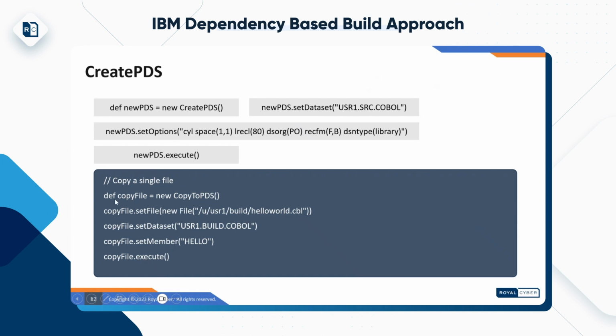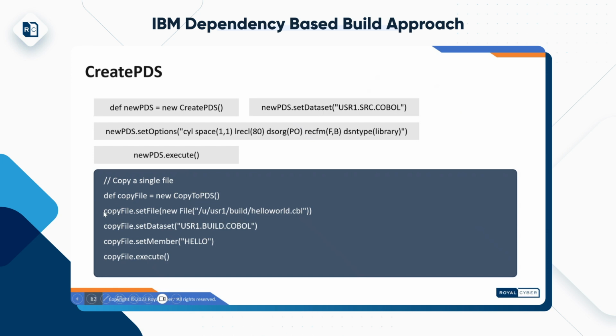In the same way, you can copy content from one PDS to another. Here it is CopyToPDS. It is copying content from the HFS file system to a PDS. As I told you, DBB is running on mainframe OMVS, the Unix operating system, so here the source is in the form of a hierarchical file system.